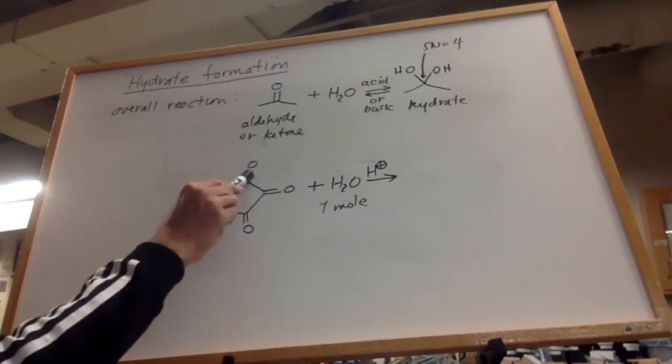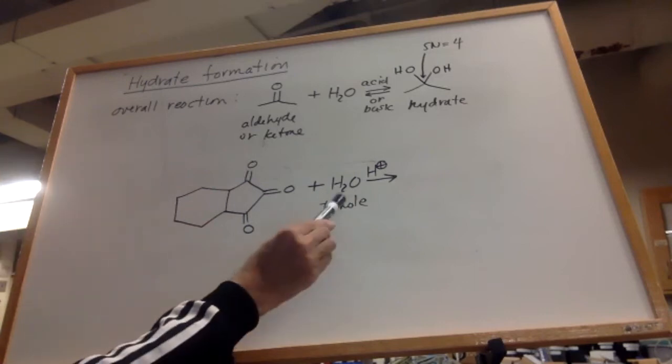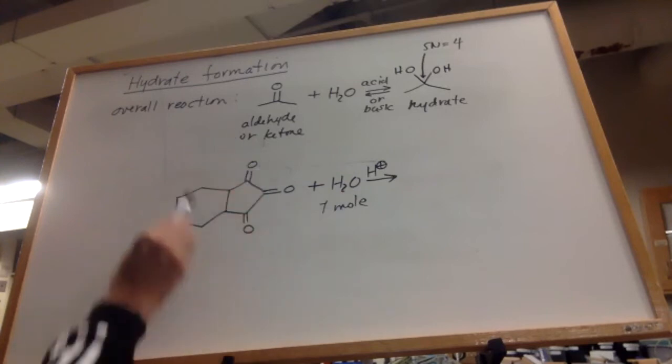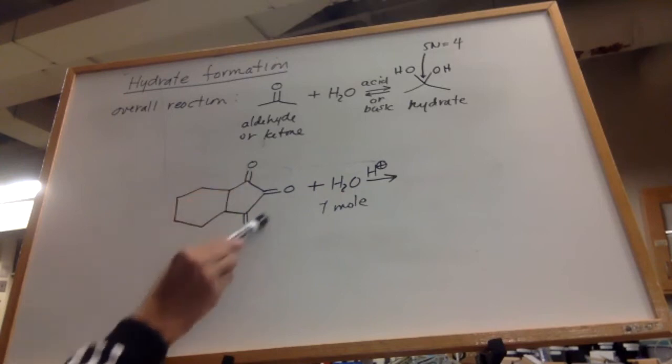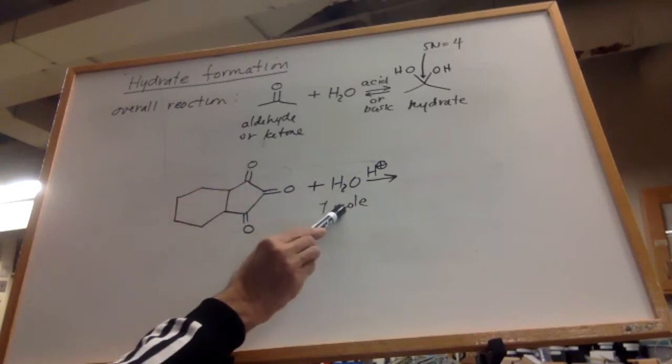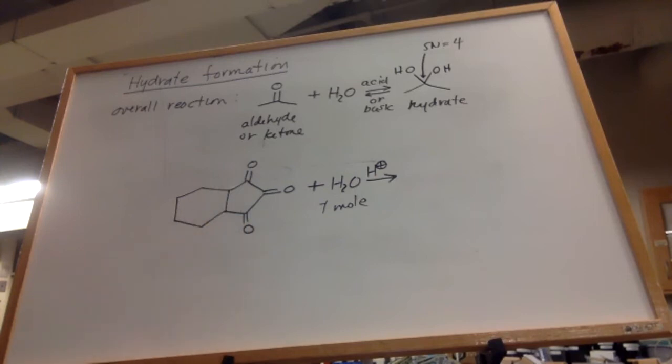This molecule has 3 carbonyls. Only one of them can react because we only have enough water to take care of one of these carbonyls. So we have 3 carbonyls. This is the nucleophile, only 1 mole of nucleophile. Which carbonyl is going to react? Draw the structure of the product.